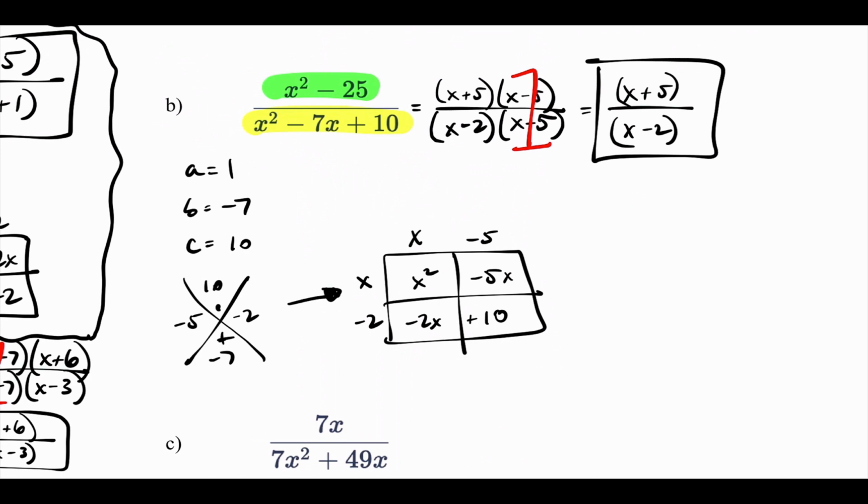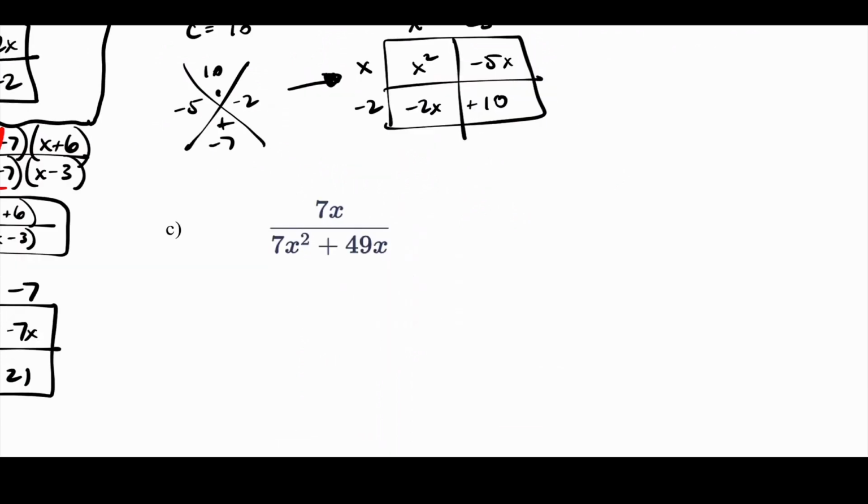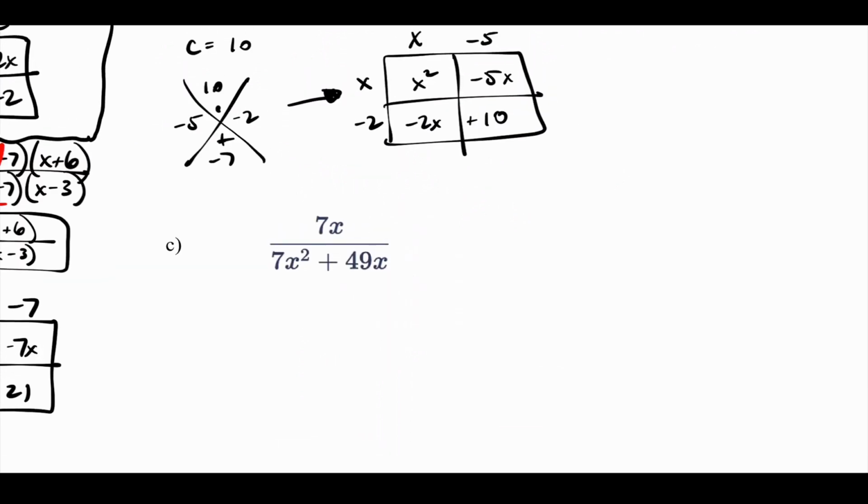Okay. All right, one more, last one. The last one brings back what we did in the front, right? The top is a monomial, so we're going to factor the top like we did for example number 1 and number 2. 7x, we're going to break down 7 using the tree.